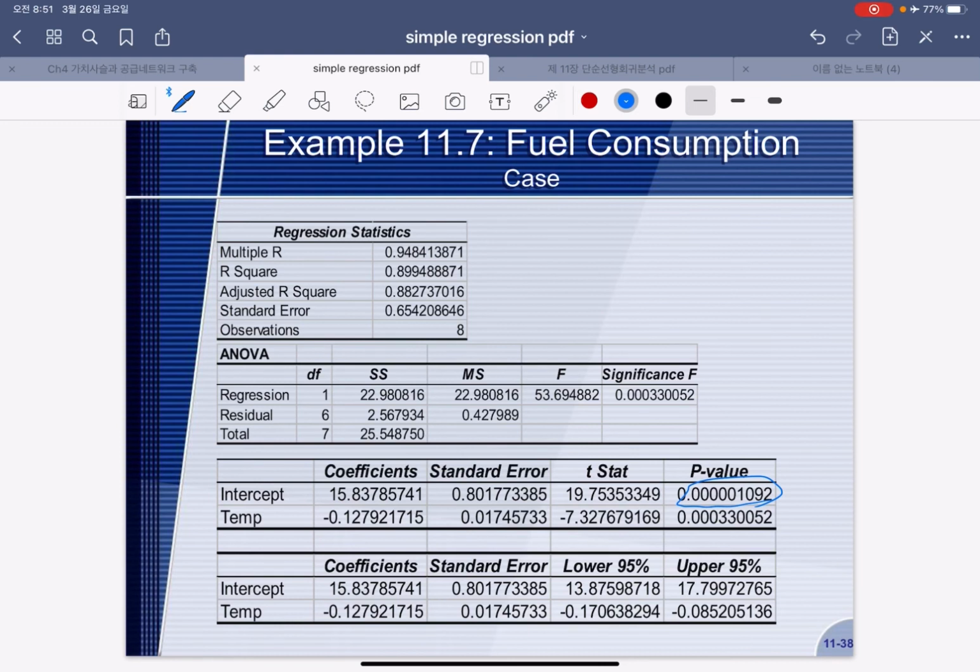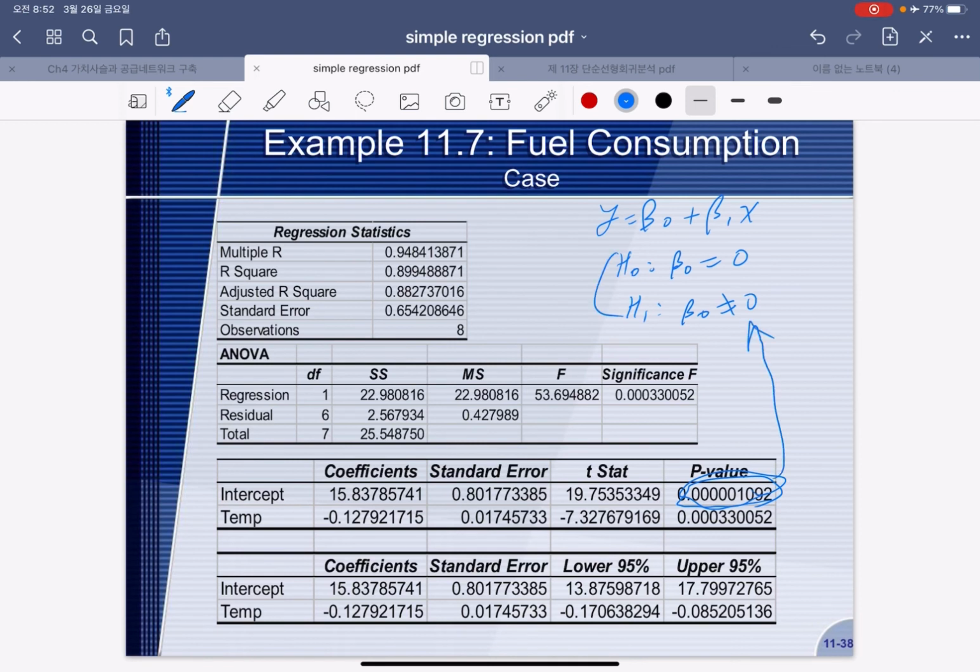This is the p-value for the hypothesis testing for the intercept. So the hypothesis is: intercept is equal to 0, versus not 0.